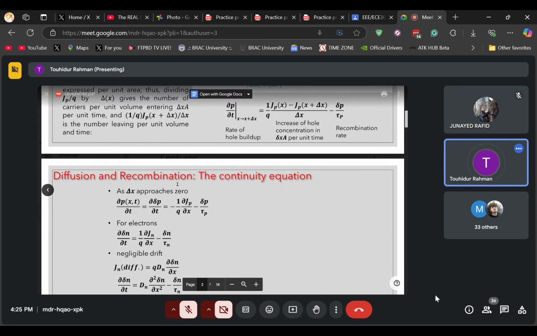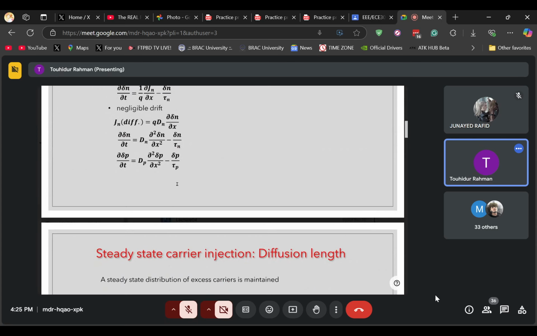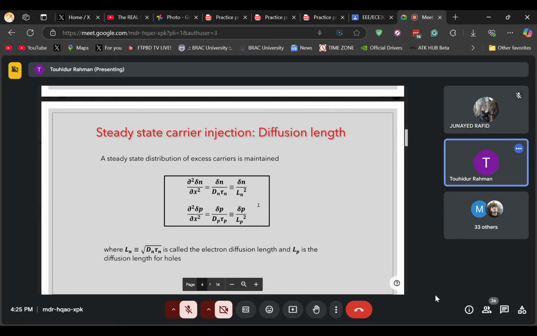So that's the beauty of this equation. Next, obviously this is a very complex equation. It's a function of x and a function of t, so that means a partial differential equation. We don't like it. I don't know about you, but I don't like it for sure, and most people don't like it.